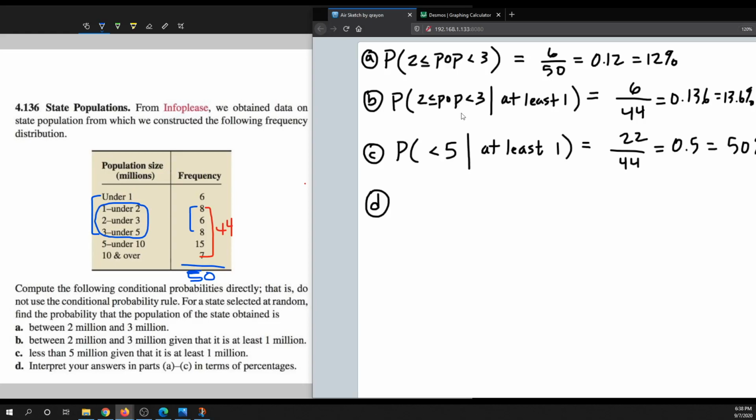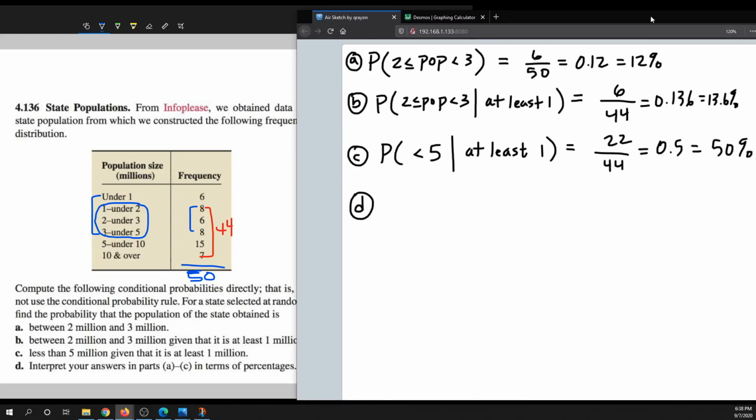And again, this is a conditional probability, right? So what we would say is that of the states that have at least 1 million in population, 50% have a population that is less than 5 million. Okay. All right, and that is it for this example.